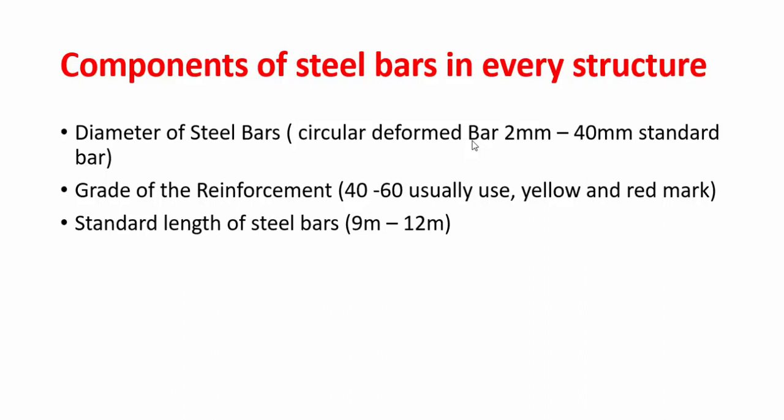And if the length of our structure is less than 12 m or 9 m, then we need to cut the standard bar length. So we have discussed three points: the diameter of steel, the grade of reinforcement steel, and the standard length of steel bars.